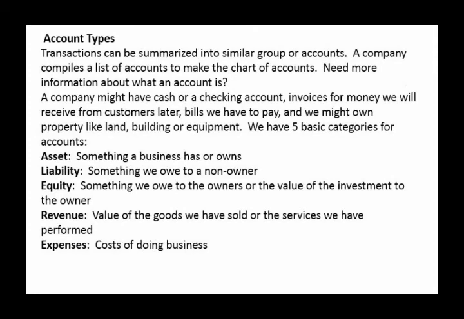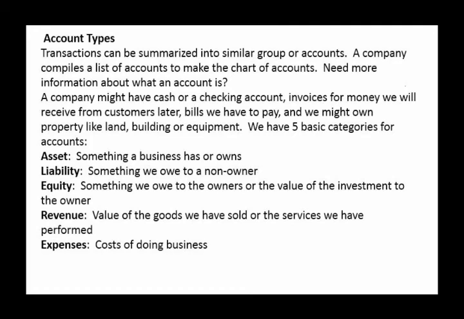We must know the type of account. There are 5 main types of accounts which we will discuss. First, which we discussed in the last class also, assets, something a business has or owns. Liability, something we owe to a non-owner. Equity, something owed to the owner or the value of investment by the owner, right?